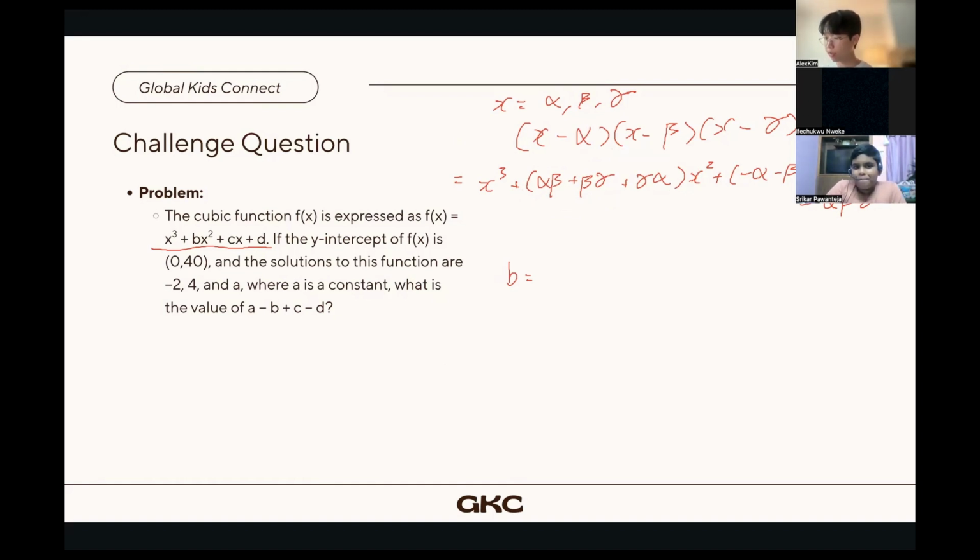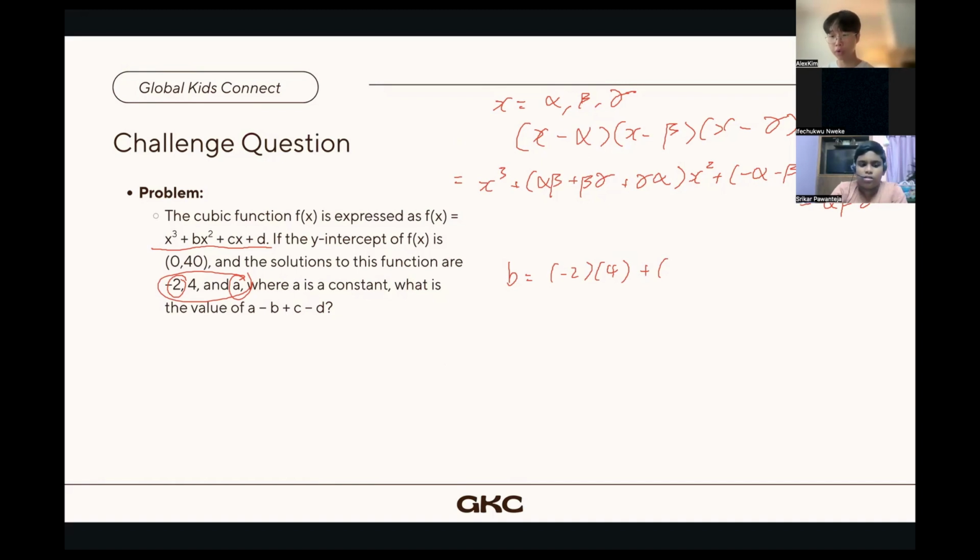What I like to do, if we know that the solutions are these three values, -2, 4, and 8, is first pair the first two up, so we get -2 and 4. If we multiply -2 and 4, we get -8. Or I guess we can just write -2 times 4. And then after those two, we keep the first one, but move one to the right for the second value.